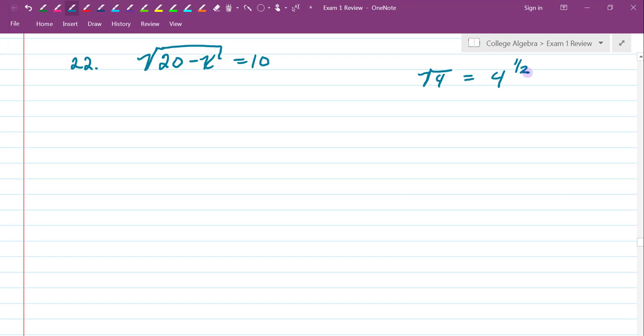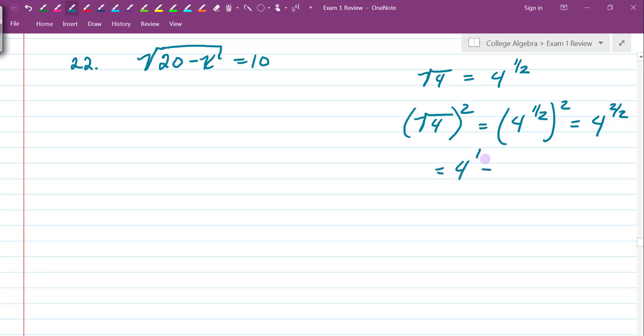So if I have the square root of 4 and I square it, that equals 4 to the 1/2 squared, which is 4 to the 2/2, which is 4 to the 1st power, which is just 4. So make sure we remember that.